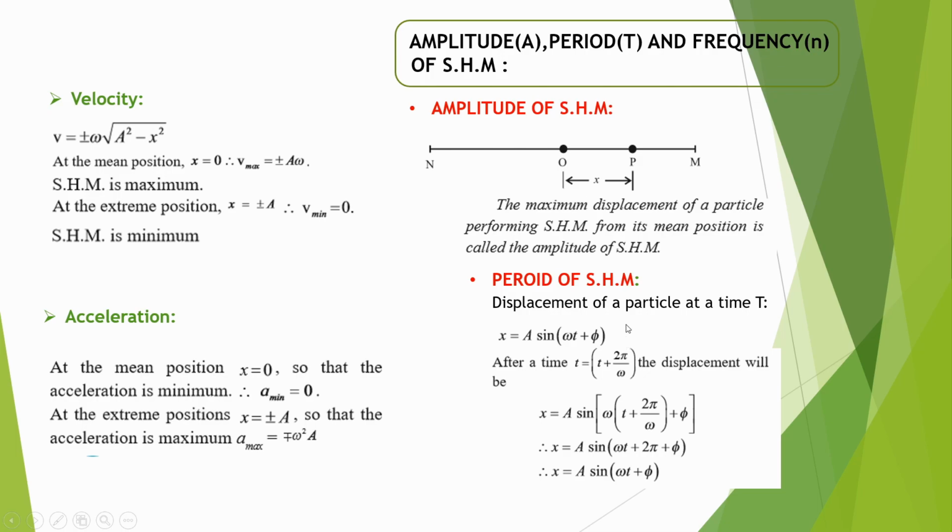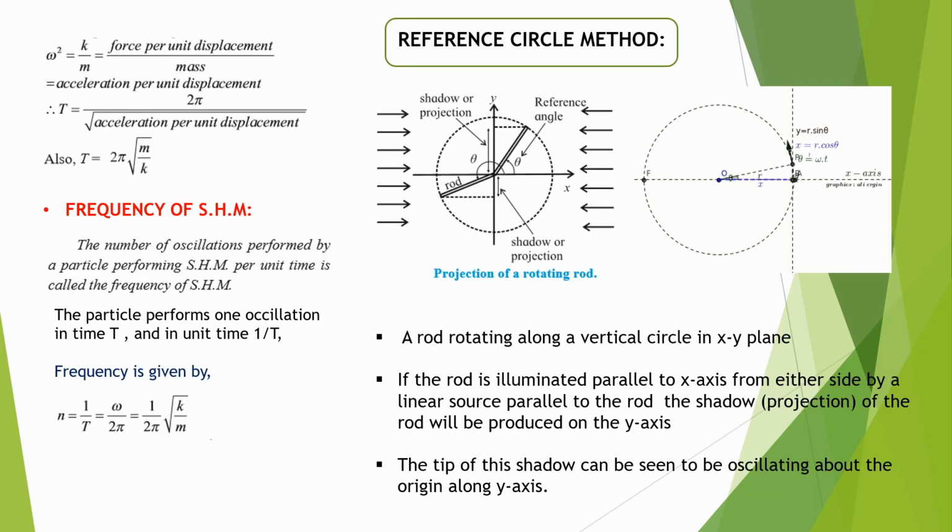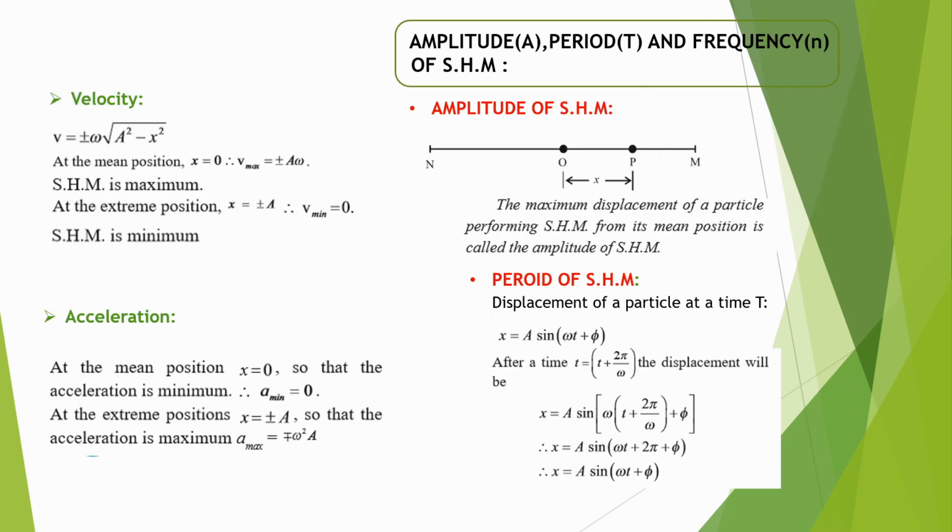So we assume that the particle completes one oscillation in time 2 pi by omega. So it shows that small t is equal to capital T, that is T is equal to 2 pi by omega, and it is the minimum time after which it repeats.